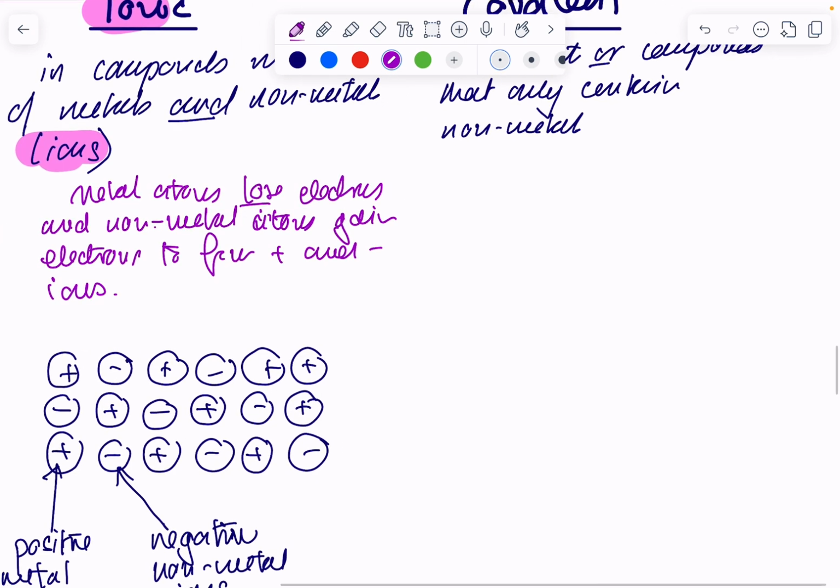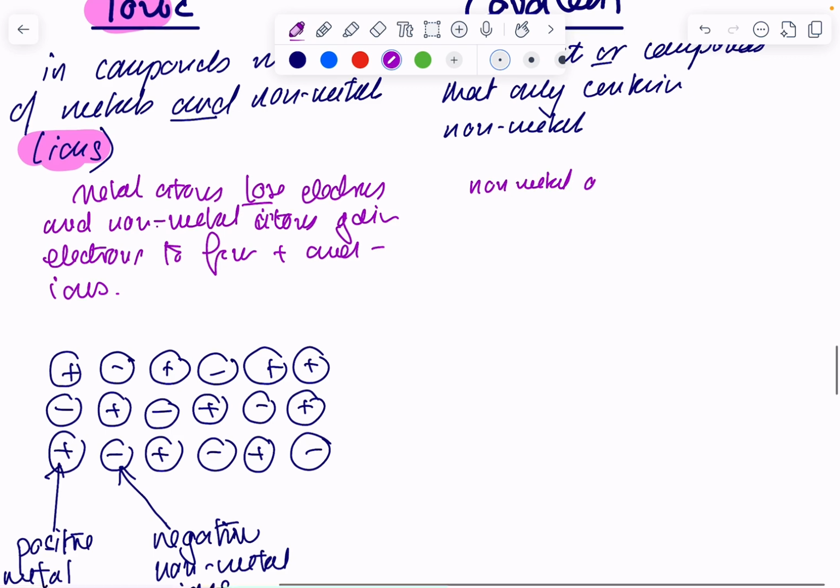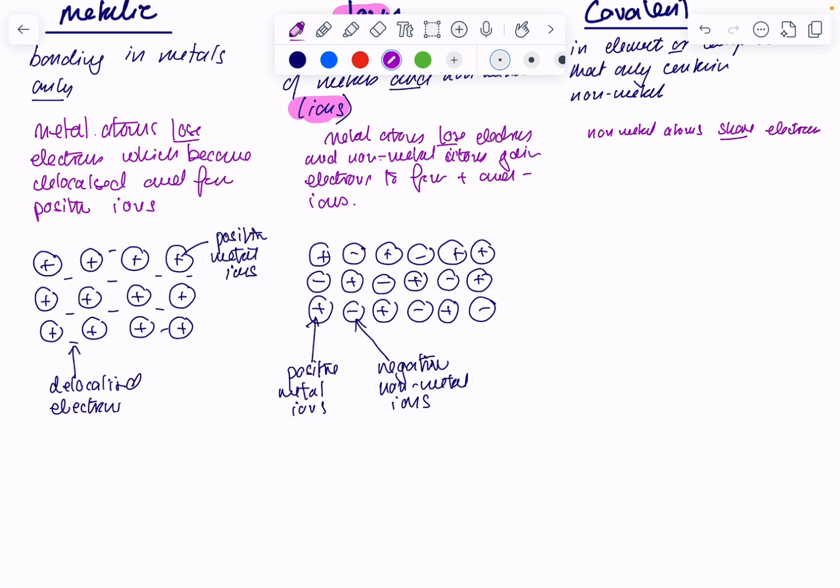So, because they can't gain them, because there's nothing to lose them, non-metal atoms share electrons. I'm going to show you a couple of ways in what that might look like.